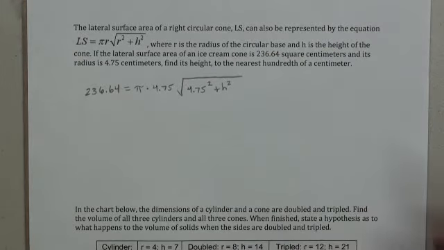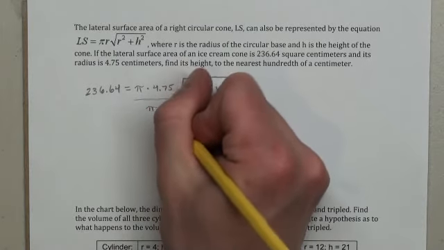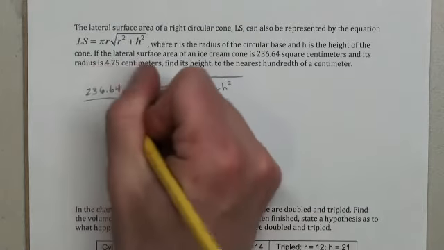We're trying to find the height to the nearest hundredth of a centimeter. So first let's divide both sides by pi times 4.75.